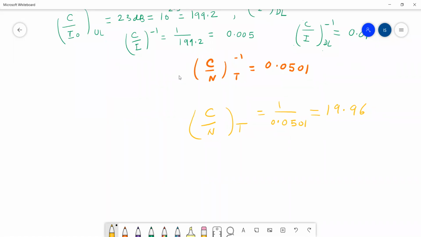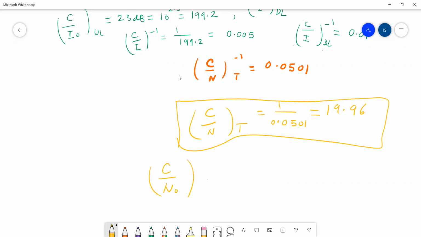How much will it be in dB? Tell me in dB, C by N. Okay, so this is the carrier to noise ratio. Now we can find out the carrier to noise density ratio.